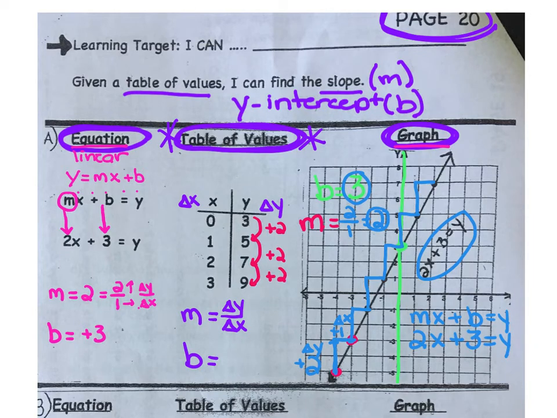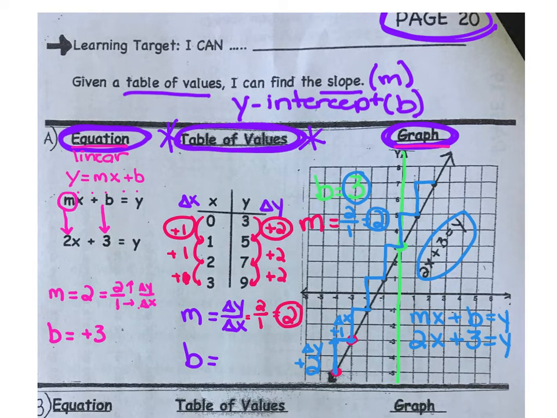When it comes to our run value, or our delta x, we have a gain of 1, a gain of 1 again, and a gain of 1. Let's put our delta y over our delta x. It's a consistent rate of 2 over 1, which of course gives us 2.